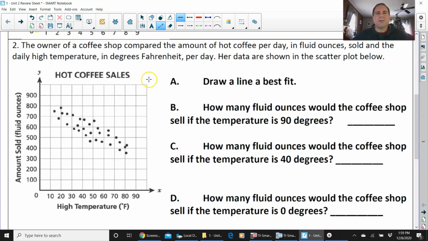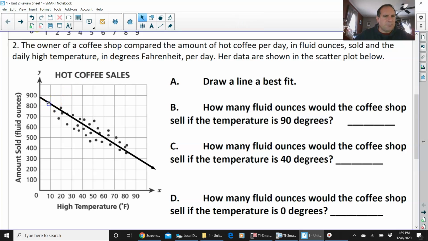So anytime you draw a line of best fit, remember it has to be a straight line, and it begins at that y-axis, goes through the center of all of the points. And I'm going to move that a little bit down, and that is where I want to start. Please use a ruler for this because I think it's the easiest way to go.